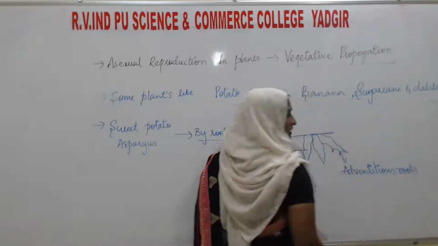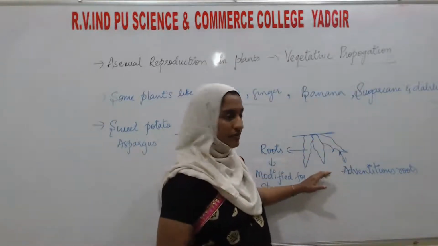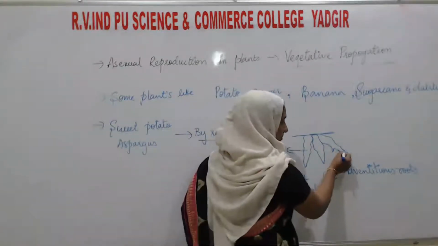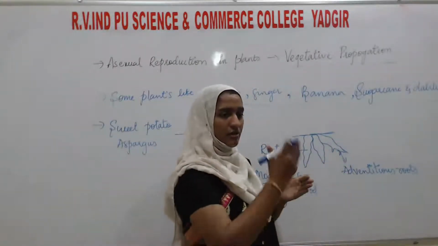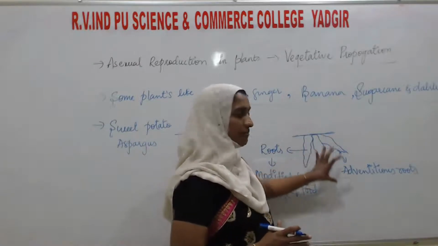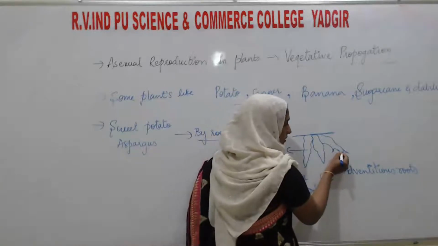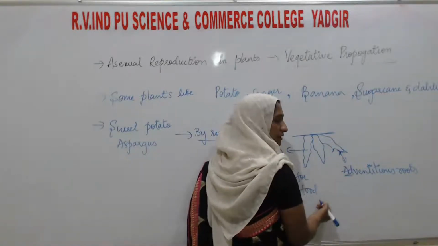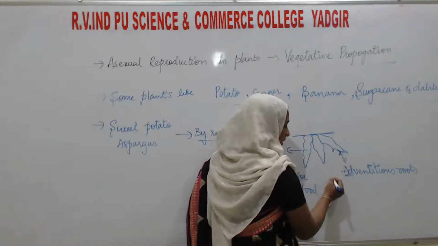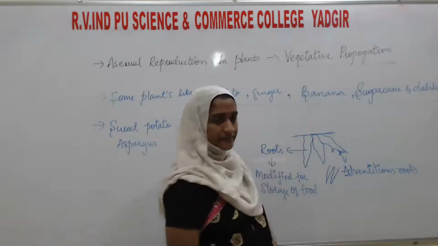On maturity of the sweet potato, these adventitious roots will get detached from the main body. Means they are going to be cut off from there when it becomes mature. This one small root, known as the adventitious root, will fall down and is going to give rise to a new plant.